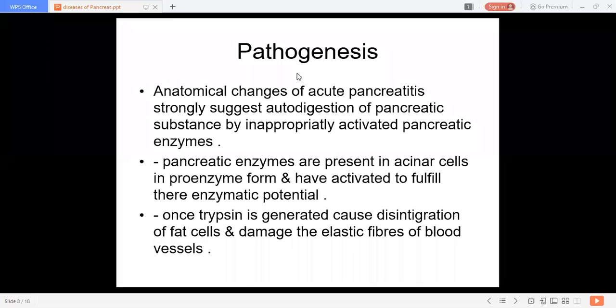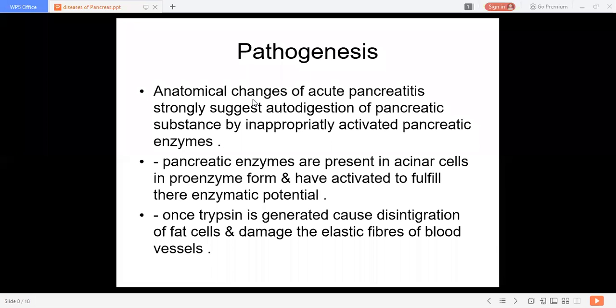Hyperactive pancreatic enzymes lead to autodigestion. These pancreatic enzymes are present in acinar cells in proenzyme form and get activated to fulfill their enzymatic potential.